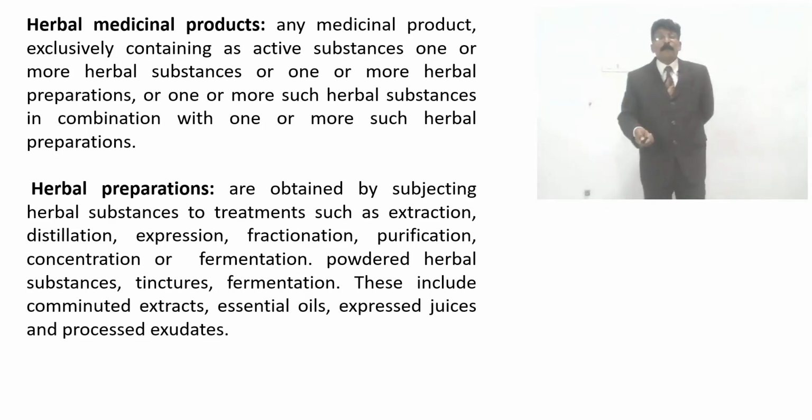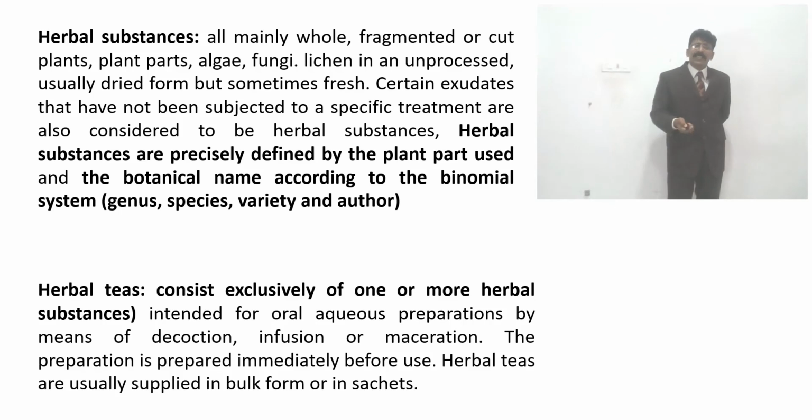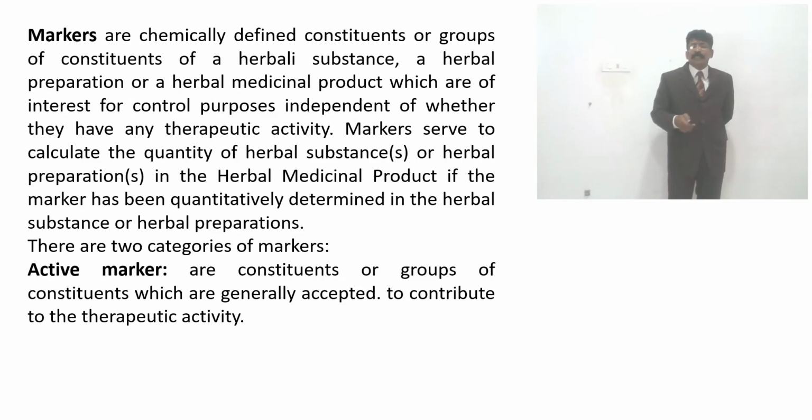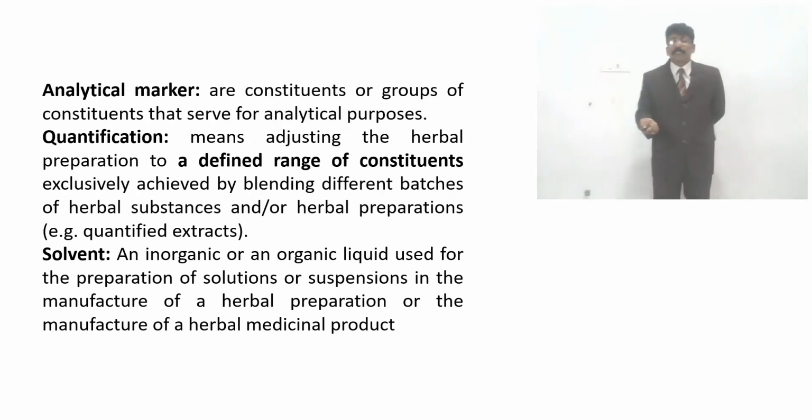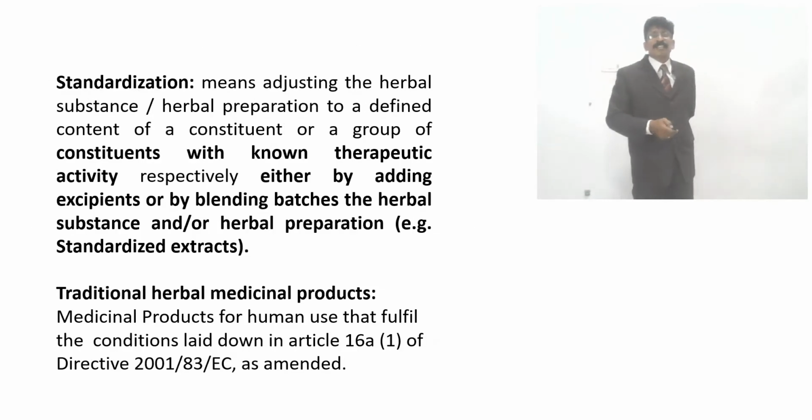The definition of herbal substance, herbal teas and markers, active markers, analytical markers, quantification, solvent, specifications and standardization, and traditional herbal products are all incorporated. This topic has the full details, so just go through it. Thank you for listening.